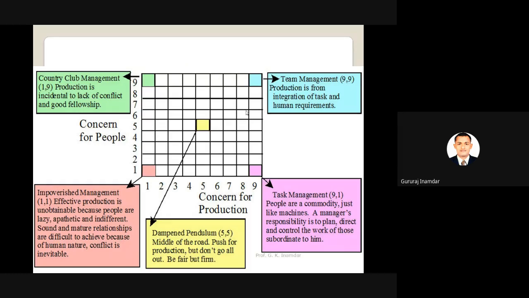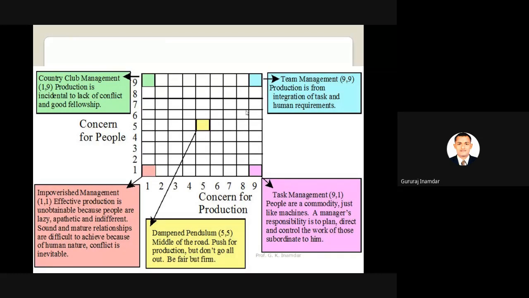Now task management, we can say, is only production oriented. But team management has to check whether the people are doing work well, the behavior of that person, as well as the output of that person and the production process. So this is the scale of team management. So the maximum role is of team management.